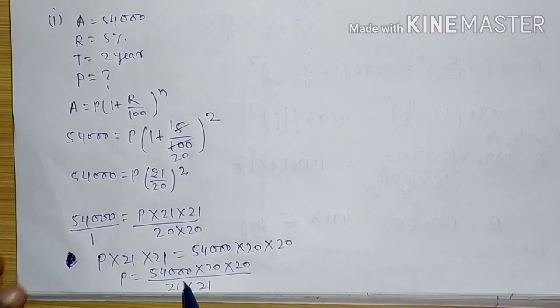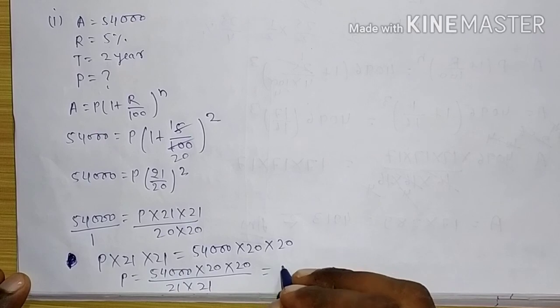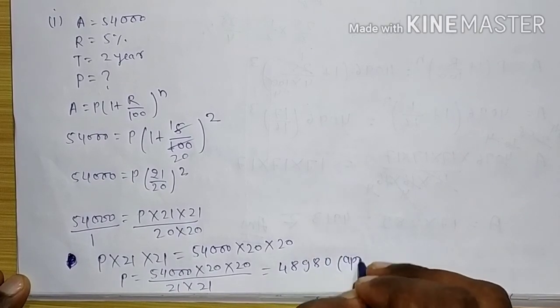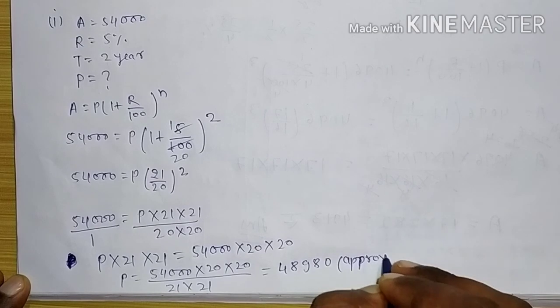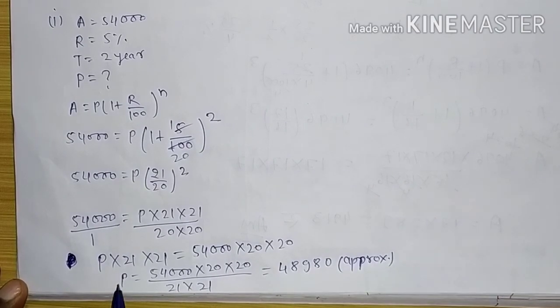Just simplify it. 54,000 into 20 into 20 upon 21 into 21. We can get 48980 approx. Okay. So the population in 2001 is 48,980. This is the answer.